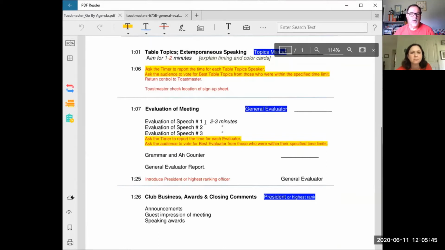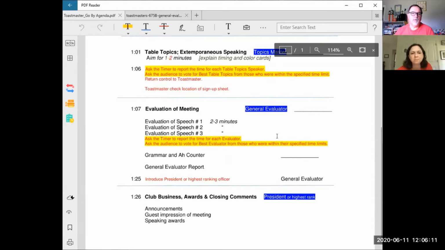You'll introduce the evaluator for speech number 1, 2, and 3, all through that. Let them give their evaluation, and then you ask for the timer's report of each evaluator. And when we were in person, we would ask the audience in attendance to vote for the person who did the best evaluation within the time limits.